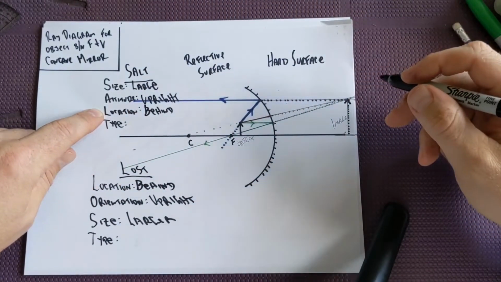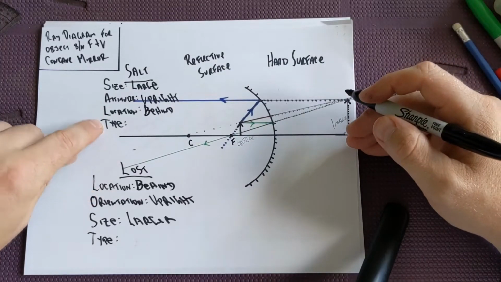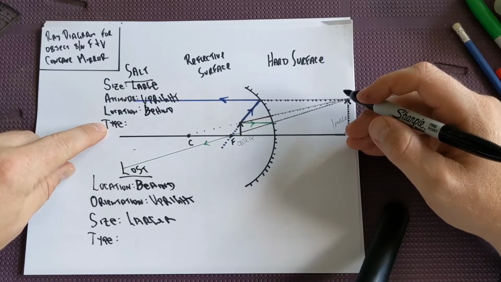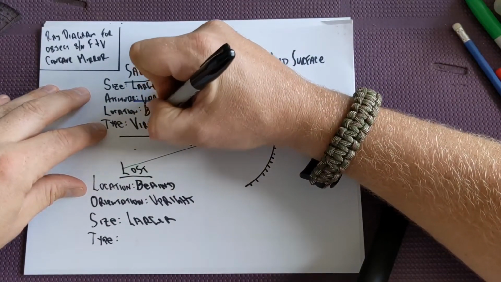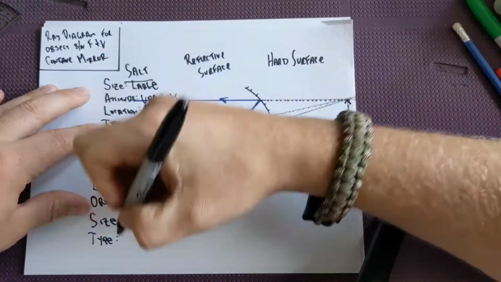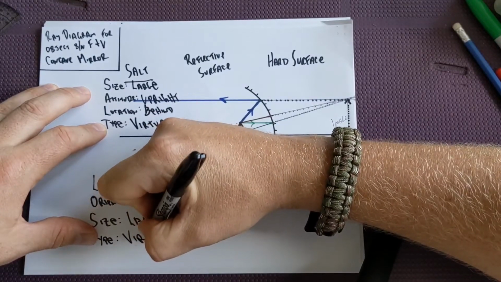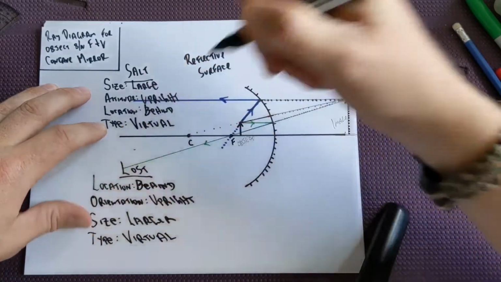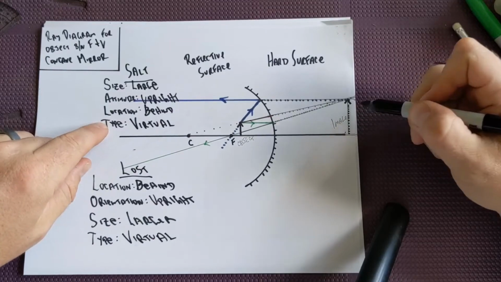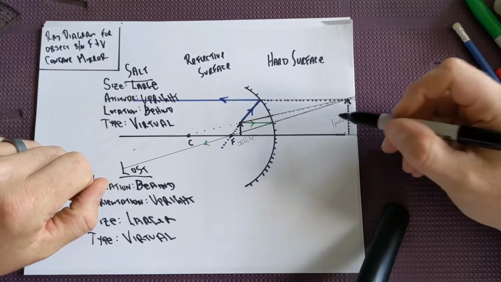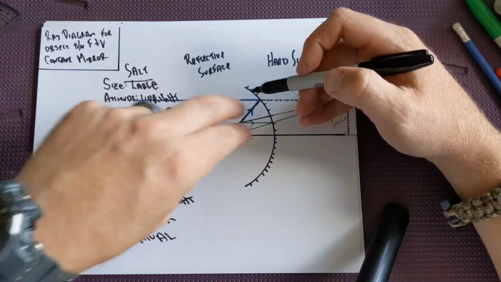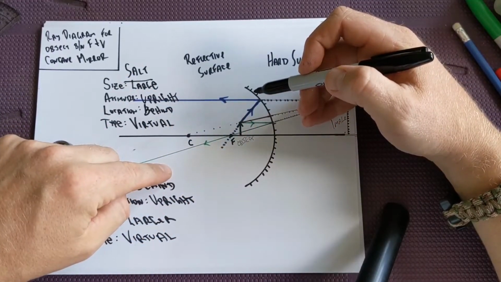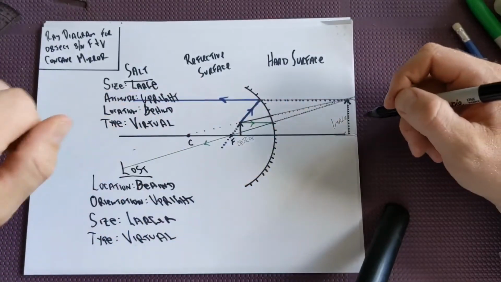And the type of image is going to be virtual, because it appears as if the image is behind the mirror, and since none of the actual reflected rays intersect with each other, it's going to be a virtual image.